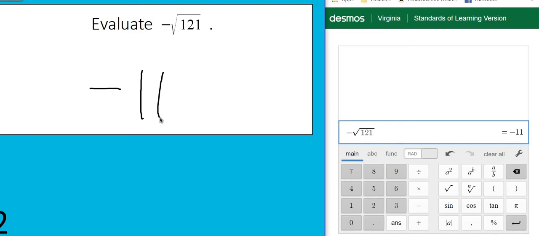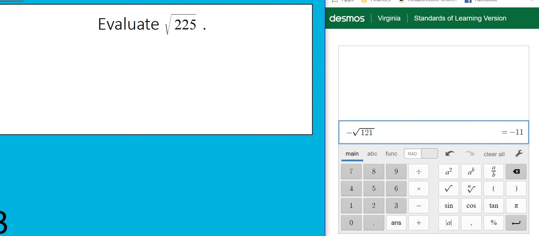So you just have to be very careful and not forget things like that negative number, and always make sure it's outside of the radical or the square root. The next one, we're going to go ahead and clear that, is the square root of 225, which is 15.